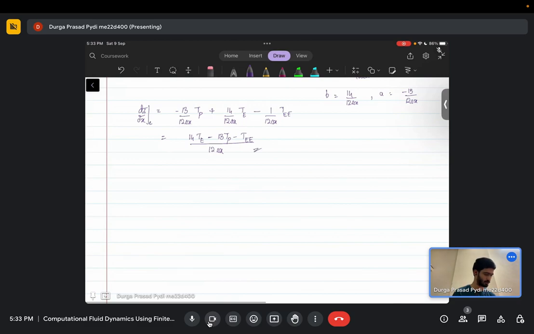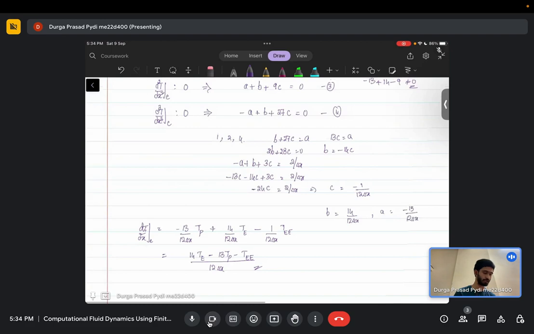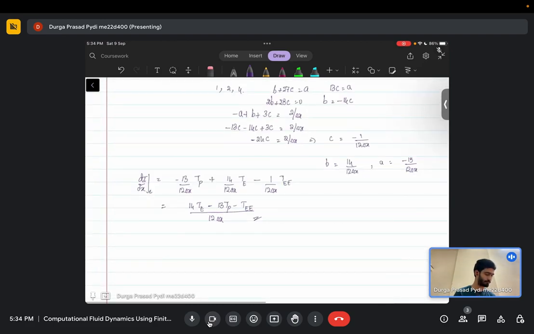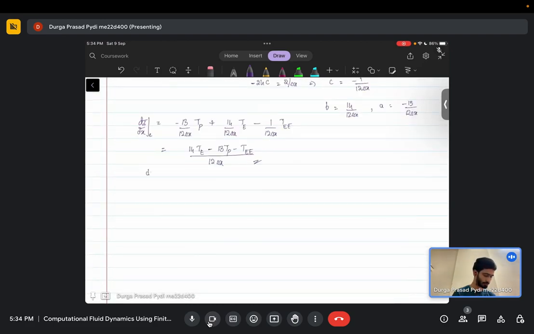Okay, I'll get back to the exact expressions. Maybe I'll upload it once the session is completed. In the interest of time, finally you'll get some expression of this form. So dT dx on the east face will be written as some coefficient Cp times Tp plus C east times T east plus C west times T double east.